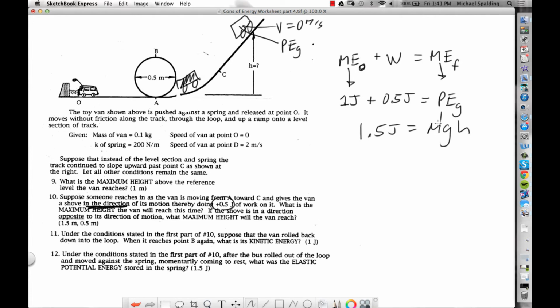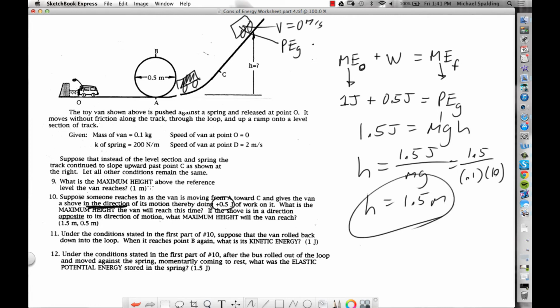Not 1/2, that's kinetic. mgh, so H will be 1.5 over mg, so that's 1.5 over 0.1 times 10, which is 1.5. H is 1.5 meters.